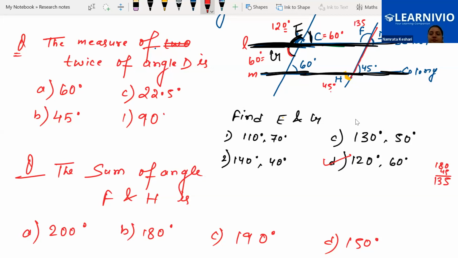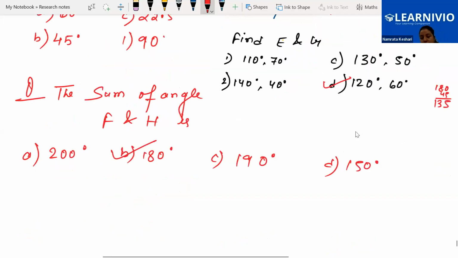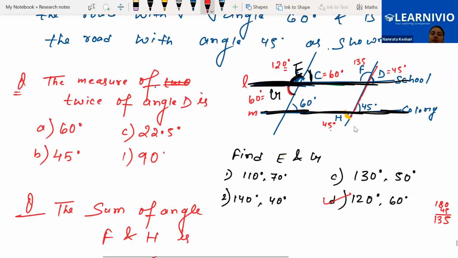Okay. Next is the supplement of angle G. Supplement of angle G is, what is 120 the supplement? Yeah, 120 degrees. Perfect. Okay.